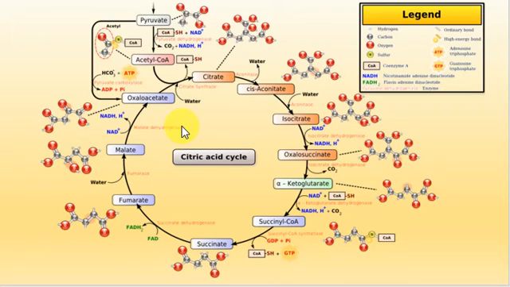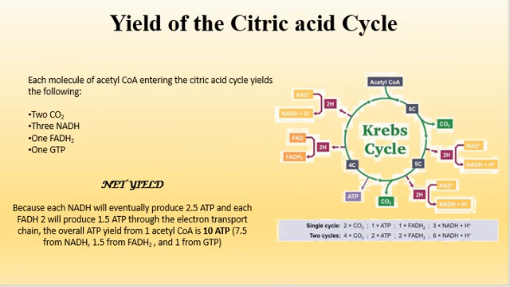In the seventh step, the addition of water to fumarate places a hydroxyl group next to the carbon. In the eighth step, the last of four oxidation steps in the cycle, the carbon carrying the hydroxyl group is converted to a carbonyl group, regenerating the oxaloacetate needed in step 1. So these are the 8 steps in total which we have discussed.